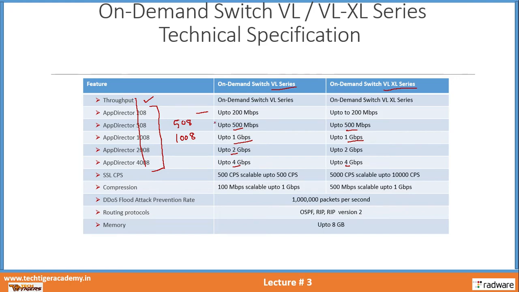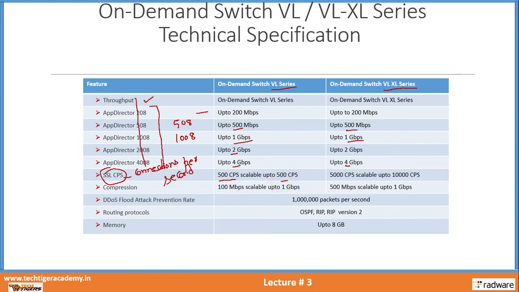Here is a difference between the VL series and the VL-XL series in SSL CPS. What is SSL CPS? CPS stands for connections per second, so SSL connections per second. The on-demand switch VL provides up to 500 connections per second, scalable up to 500 CPS.